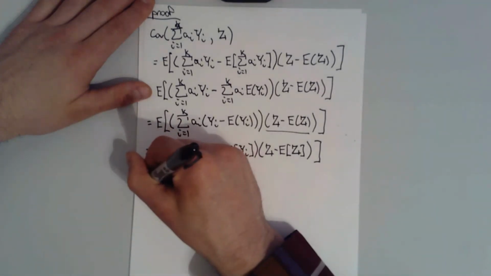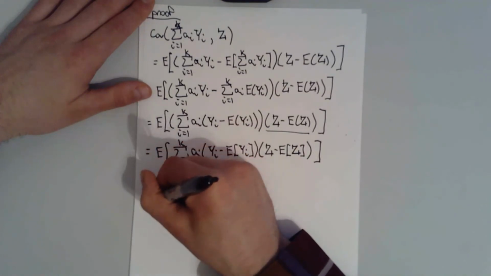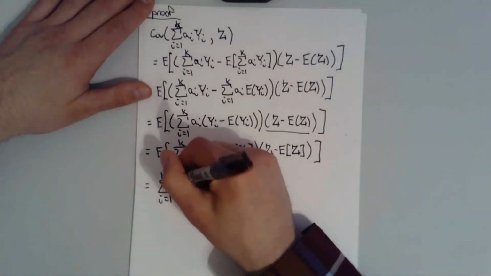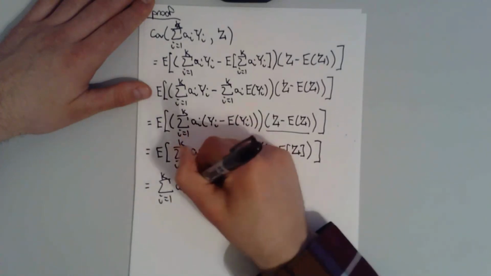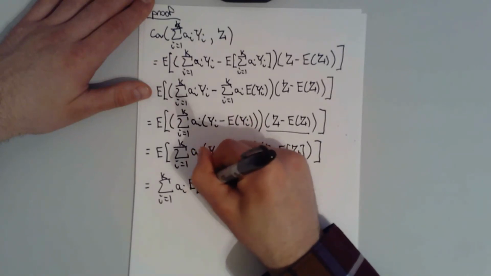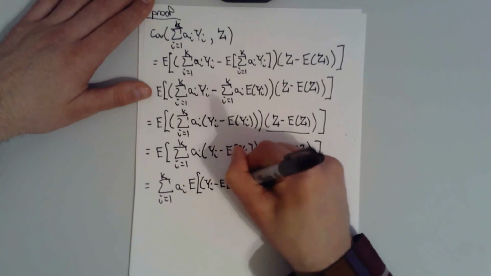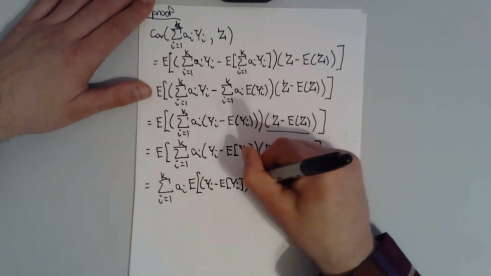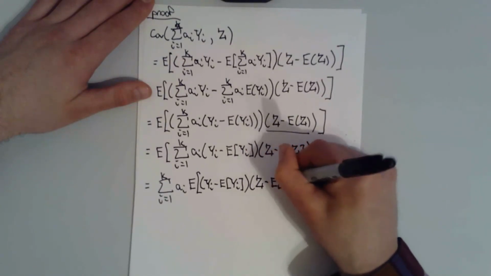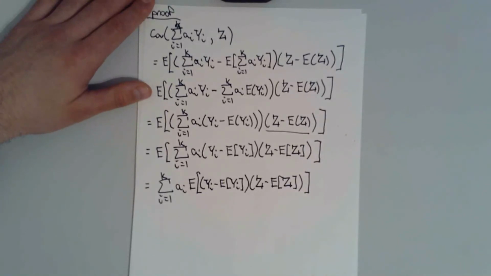So using the linearity of the expectation operator, we have the sum i equals 1 to k, just like so.